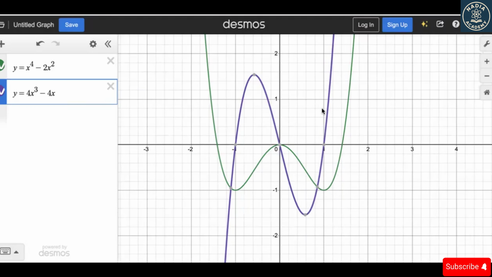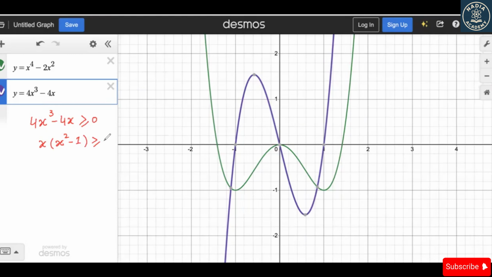Here, if we solve it with inequalities, we can have the following: 4x cubed minus 4x is greater than or equal to 0. Then 4 is common, and x is common, so x squared minus 1.